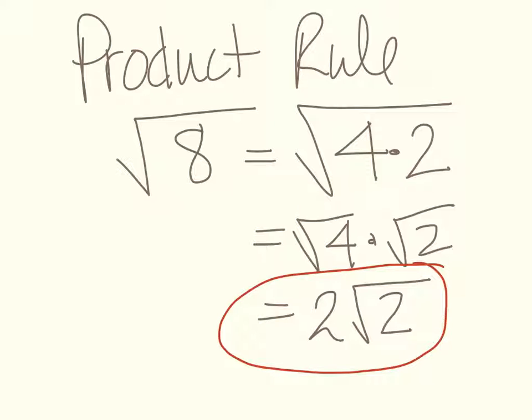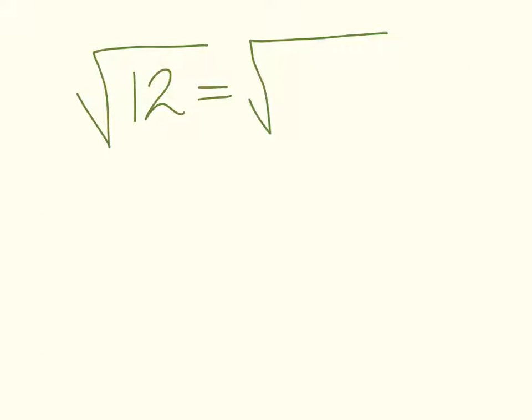Let's try another one. How about the square root of 12? Let's see, the square root of 12 is the same thing as the square root of 6 times 2, but I don't see any perfect squares there. So let's try another one.